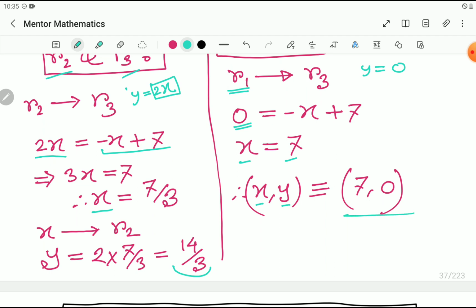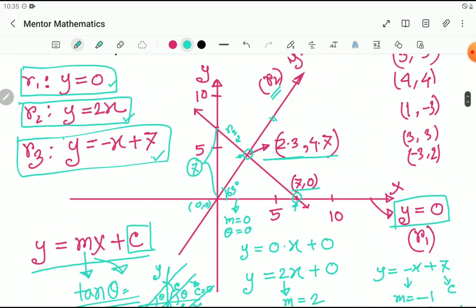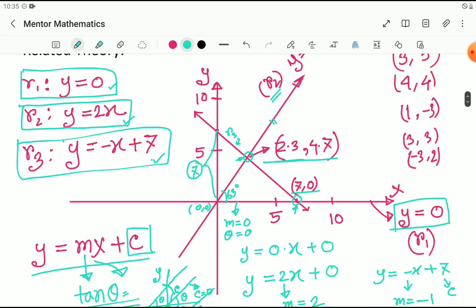So we easily find 7, 0. So we found all points here, 7, 0 and 0, 7. So we can draw this line too, and the intersect point we found is 2.3, 4.7. So all endpoints of the triangle, we figured out.